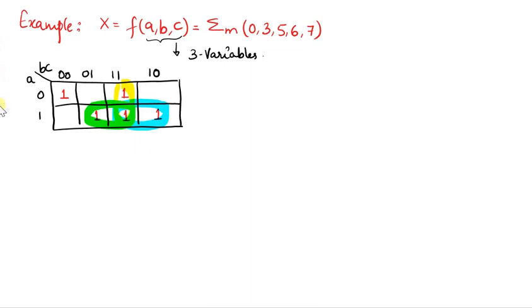So one major observation is that the logic gate implementation looks more complex when compared to the decoder implementation. For the expression x is equal to a bar b bar c bar plus ac plus bc plus ab.